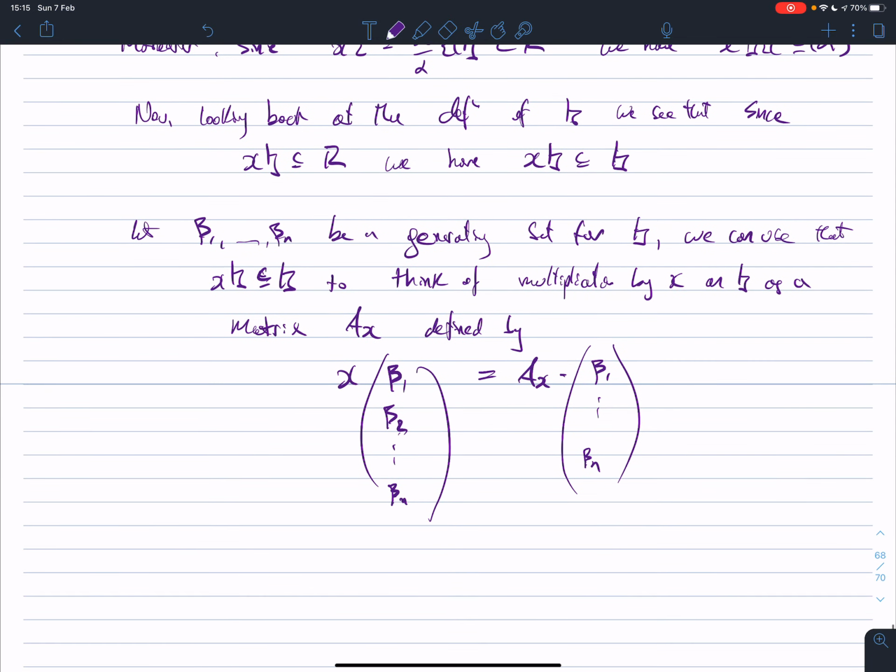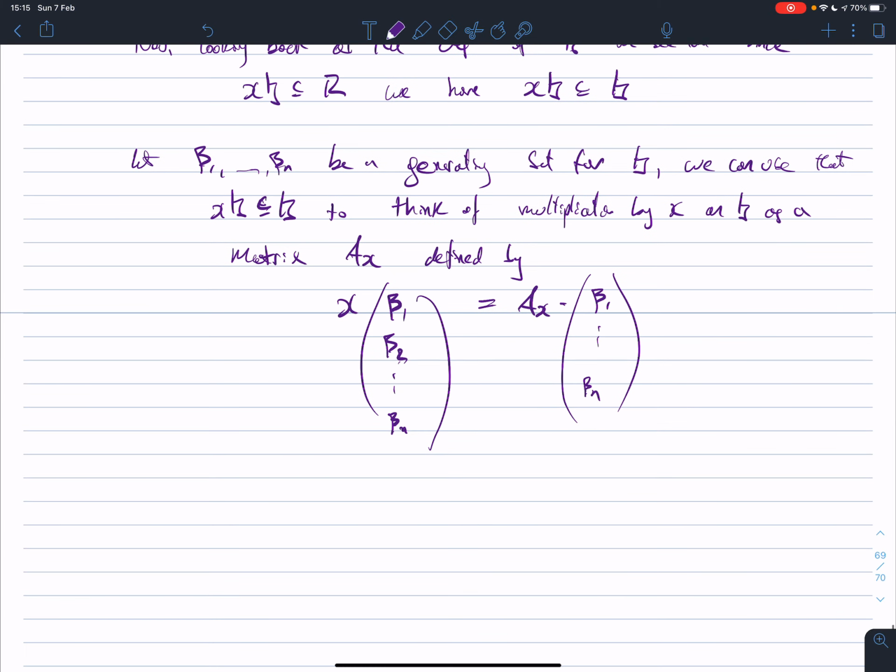It is just the matrix you get by thinking of what x does to the basis elements. This is an n by n matrix over R.